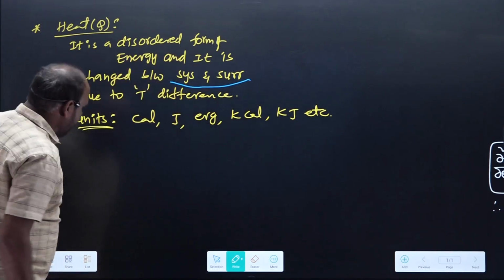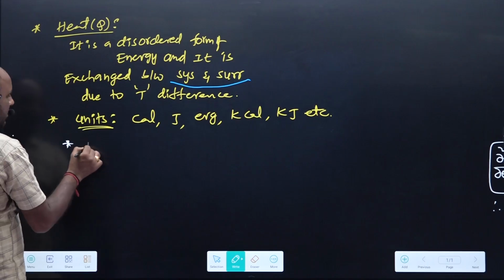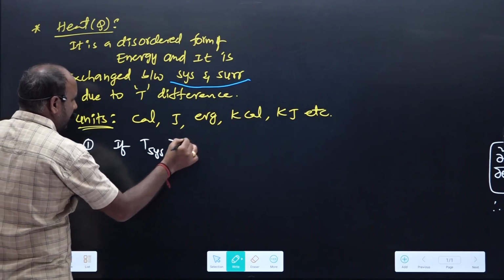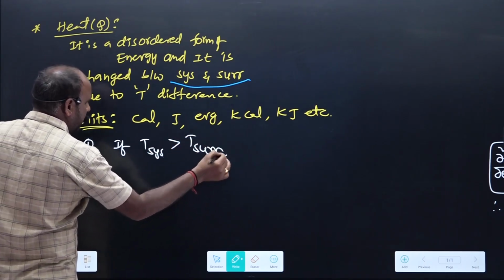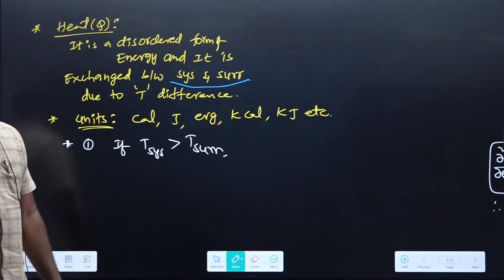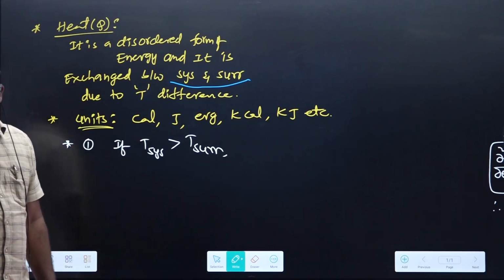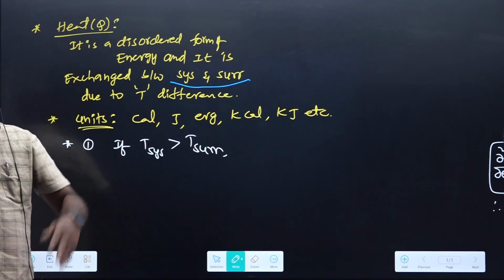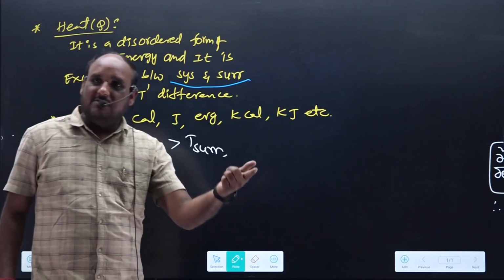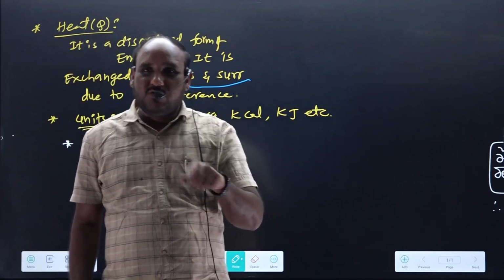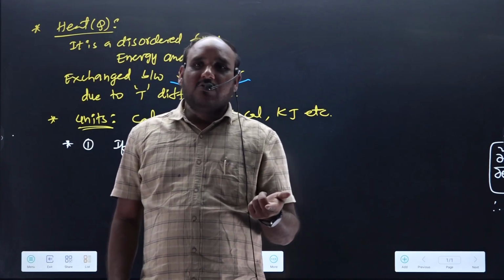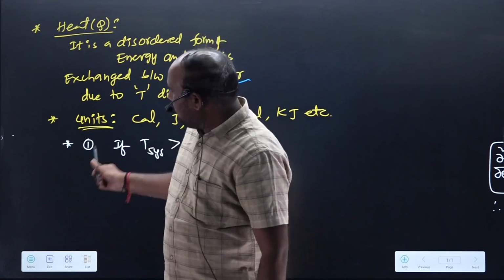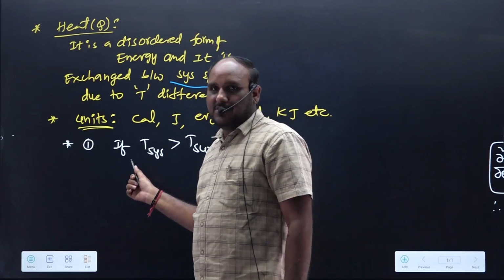If a temperature difference is there, we'll see what will happen, right? The first one: if the temperature of the system is greater than the temperature of the surroundings, whose temperature will be more? System. Therefore the heat is transferred from system to surroundings. Whenever some amount of heat is transferred, is the system gaining energy or losing energy? Losing energy. Some of the energy is transferred from system to surroundings because the system is at a higher temperature, right?